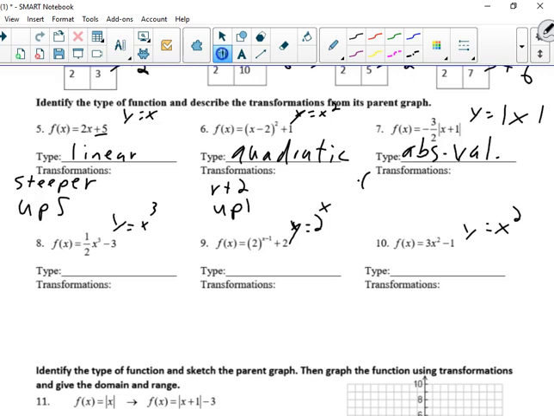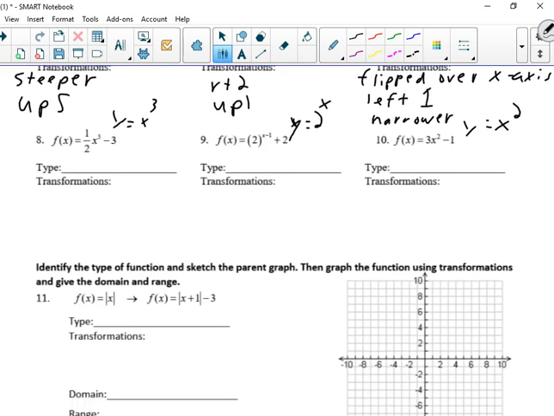Now, it flipped over the x-axis. It moved left 1. Even though we see that plus 1, we've got to do the opposite. So it's left 1. And it was narrower, thinner, however you want to put it.